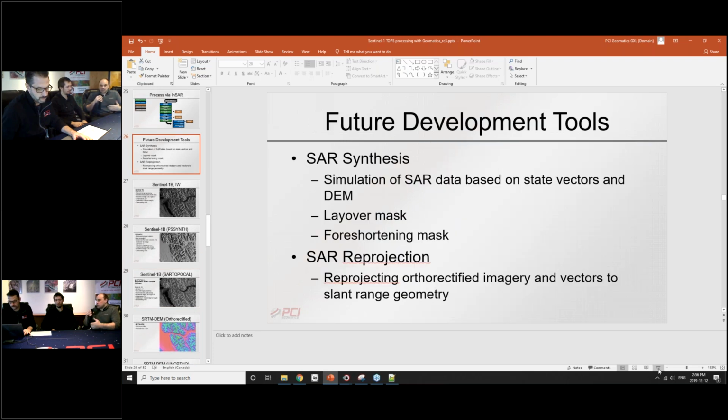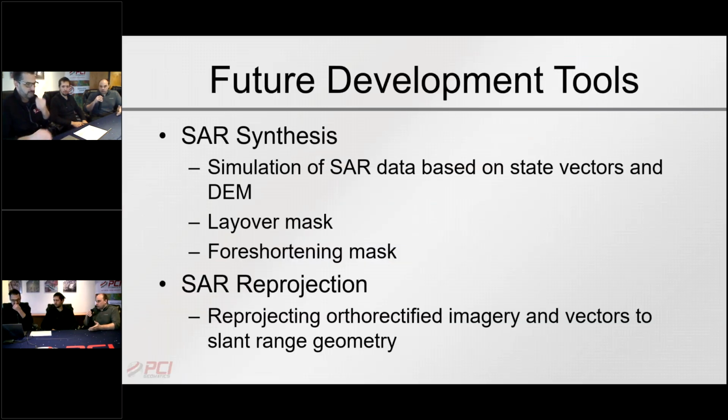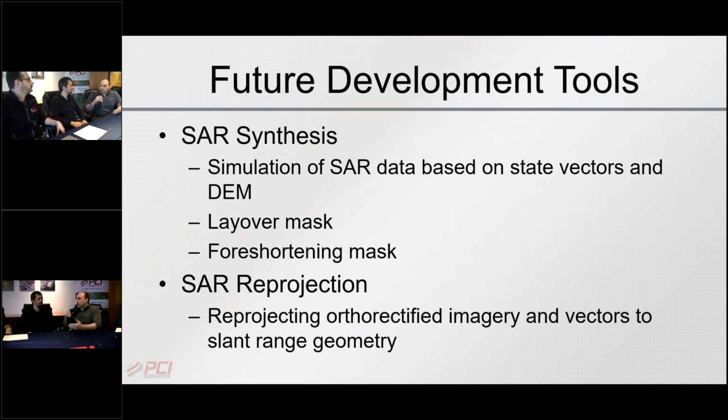Because there's always a theory that says the closer you are to the measurement, to the signal, the less distortion you will introduce, so the better your analysis will be. So the possibility to pass easily from the radar geometry to the ortho-rectified geometry and back and forth really gives a lot of flexibility to people's workflows.